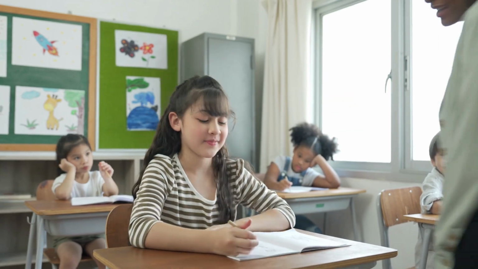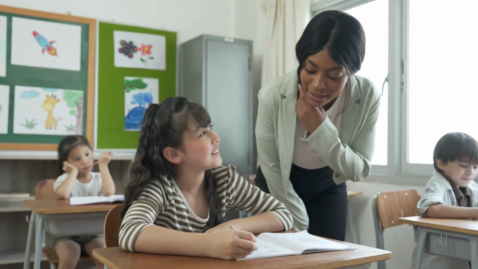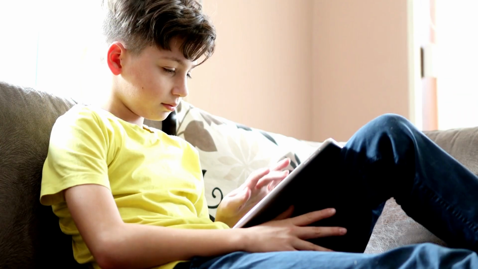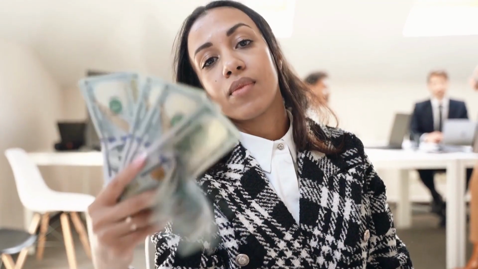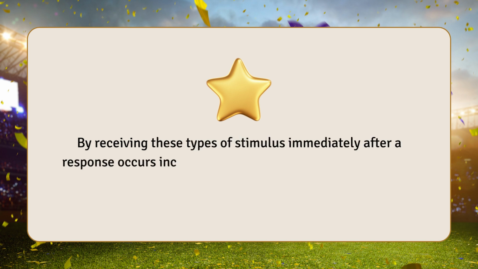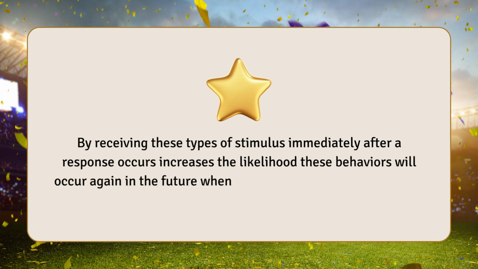A couple of examples of reinforcement would be social praise when a student gets a correct answer, getting to play on a tablet after cleaning up a room, and getting paid for coming to work. By receiving these types of stimulus immediately after a response occurs, the likelihood increases that these behaviors will occur again in the future when the same conditions are present.